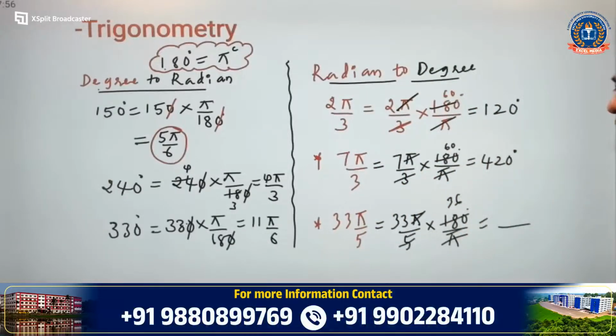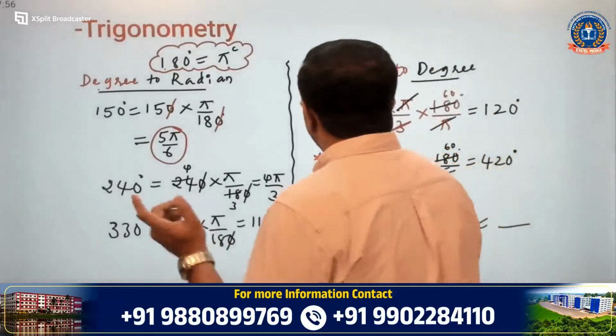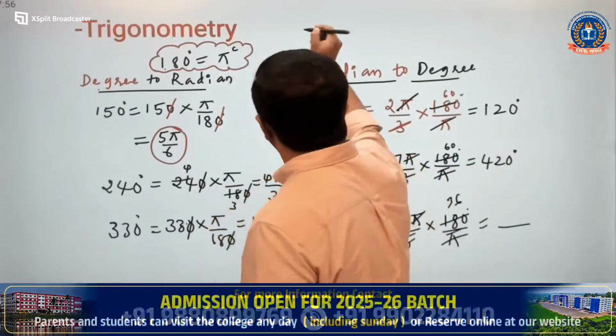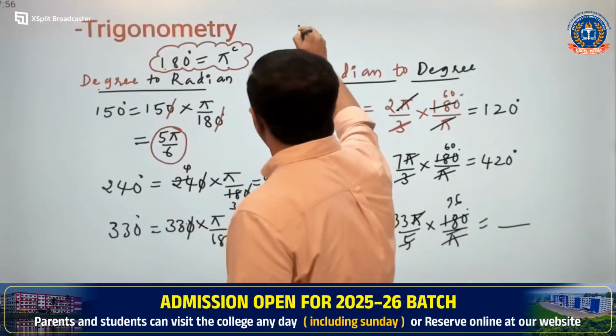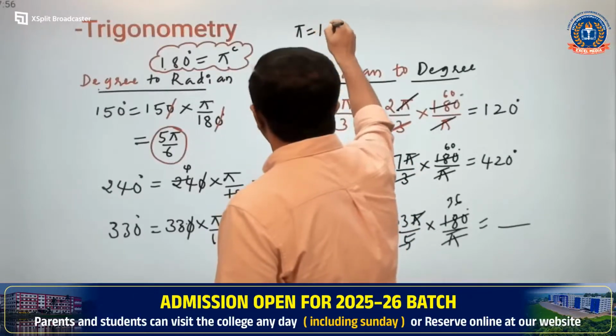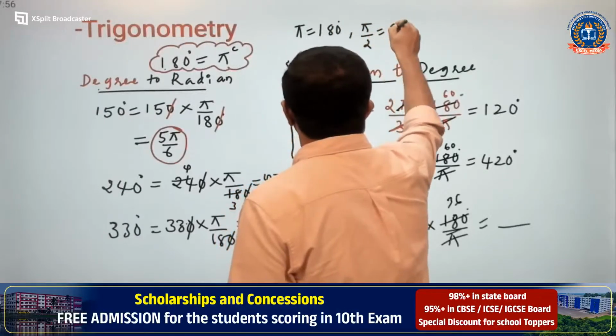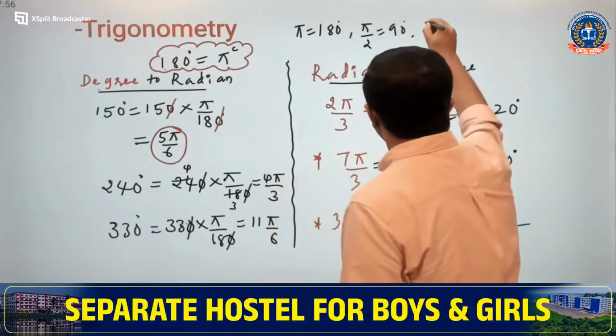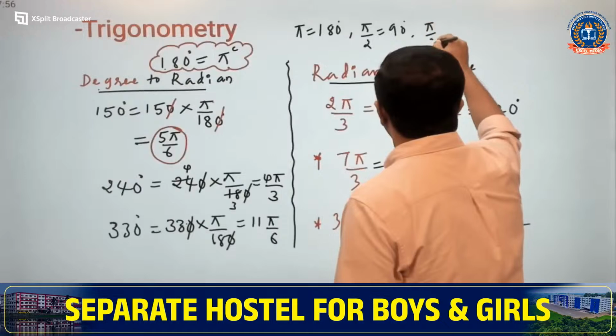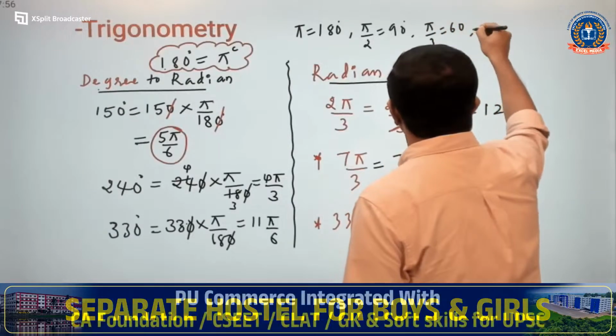Write this. Very nice. Okay. Some points I'll write here. Just understand, these are very important. Pi is 180 degree. Pi by 2 is 90 degree. Pi by 3 is 60 degree.